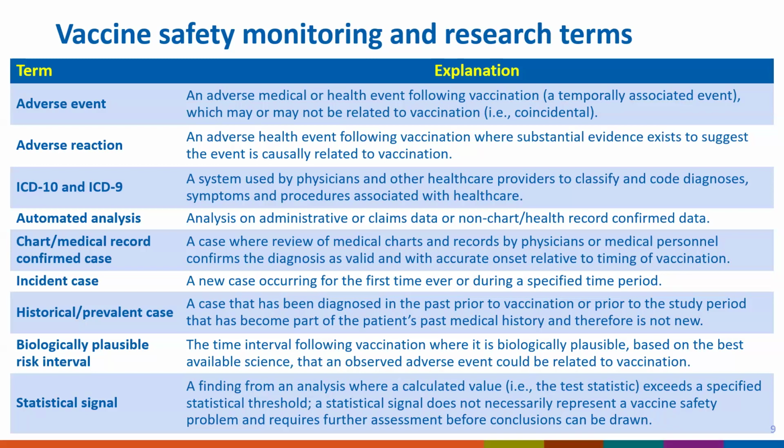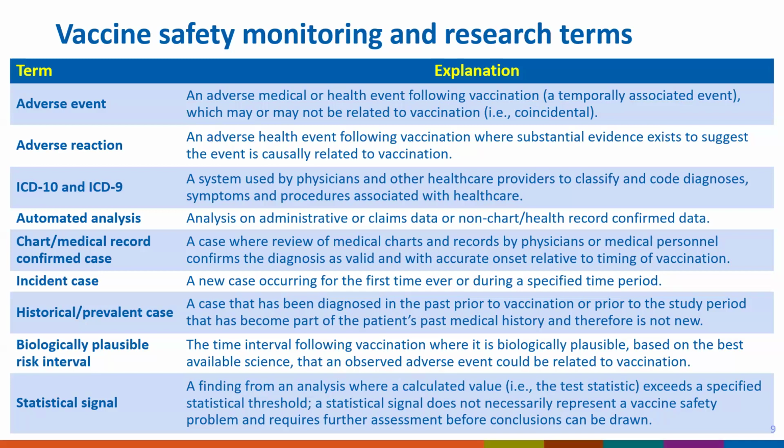We use the term automated analysis, and so this is just an analysis of those electronic ICD codes. But then we also have medical chart confirmed cases, and this is a medical event in which the diagnosis or onset of the condition was confirmed by review of the medical records, often by a clinician or trained medical records abstractor.